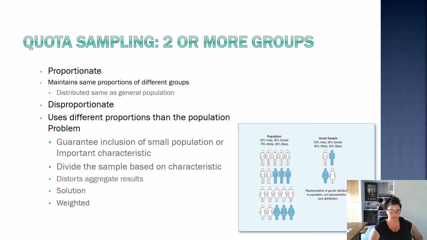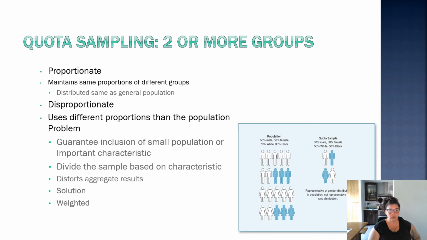Okay, quota sampling. We kind of talked about it a little bit. You're trying to meet a particular number. But sometimes quota sampling can be proportionate and sometimes it can be disproportionate. If it's proportionate, you're able to easily maintain the same proportion of different groups as they're generally distributed in the general population.